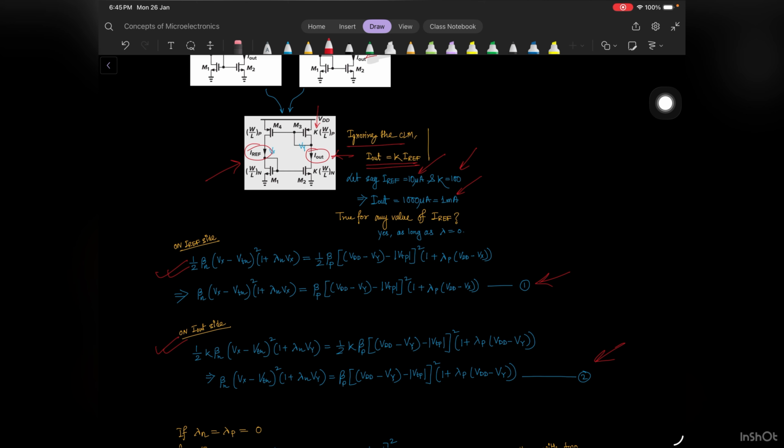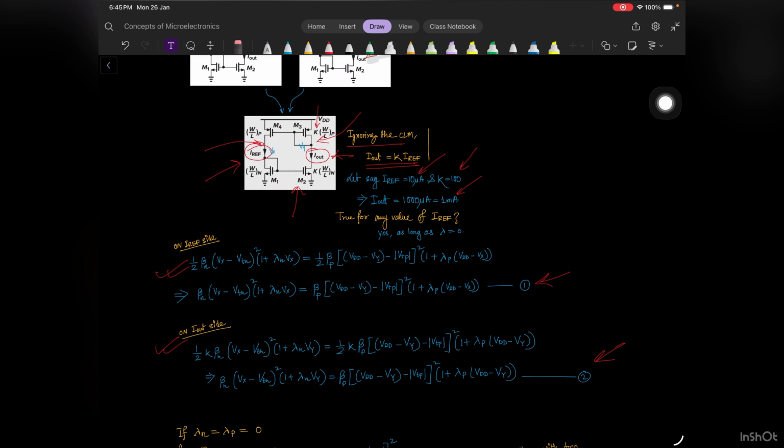Now you can solve these two equations and get the values of Vx and Vy, because here Vx is one unknown and Vy is another unknown. So if you know Vx and Vy, you can easily calculate I out, because if you consider the M2 transistor, VGS equals Vx, and VDS is basically Vy. So definitely you can calculate exactly what I out is.